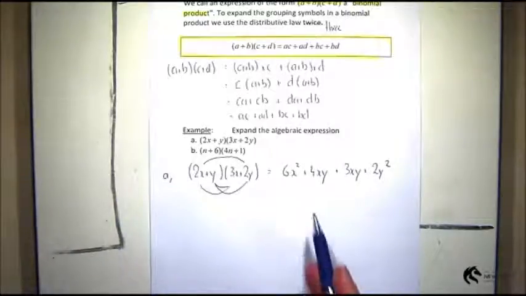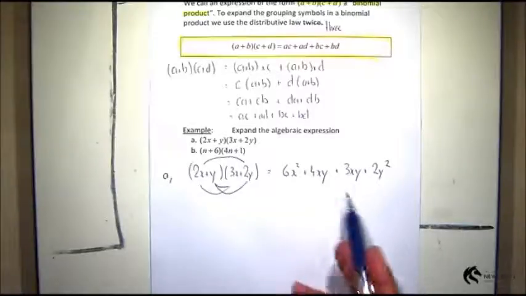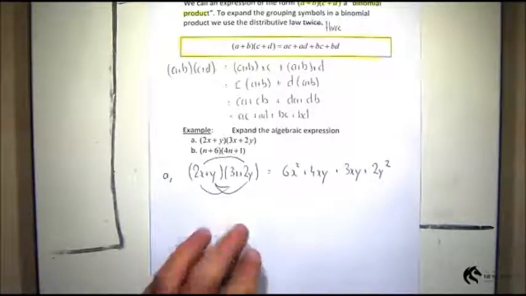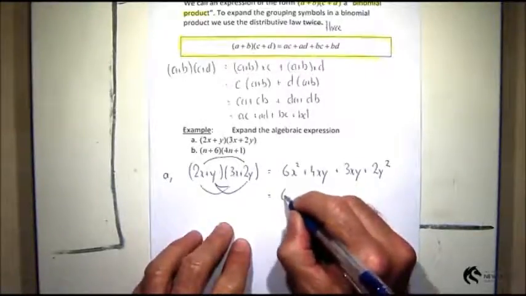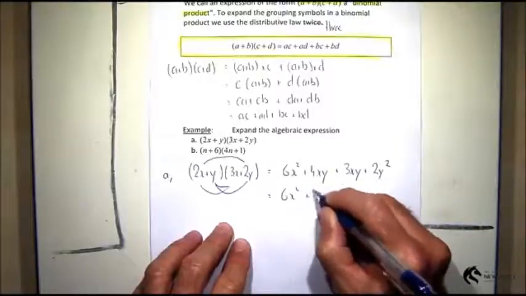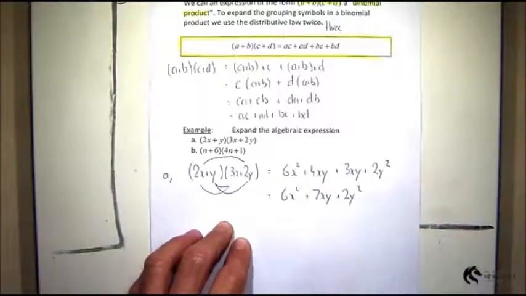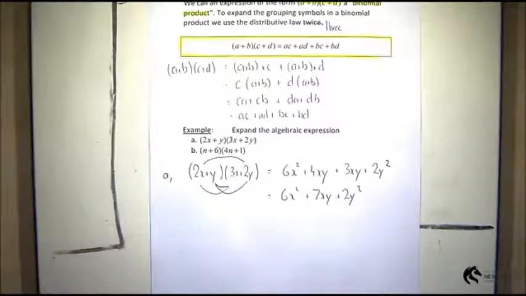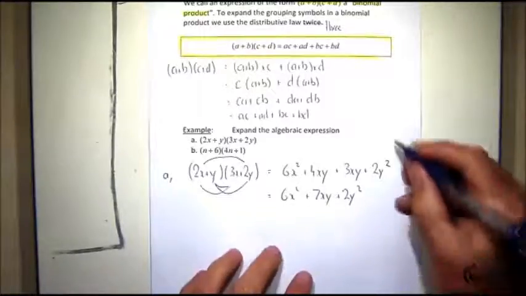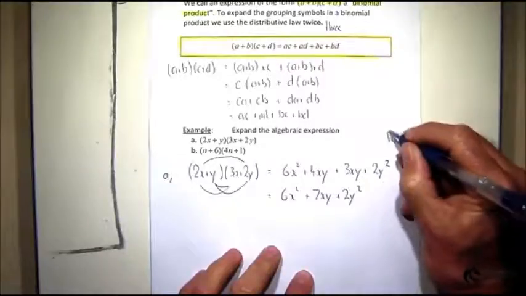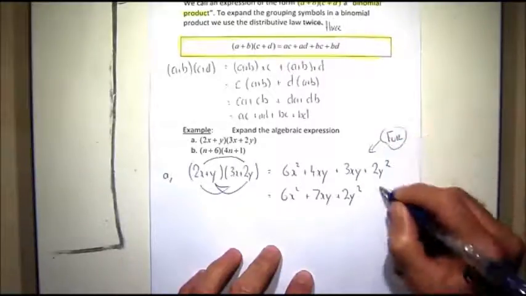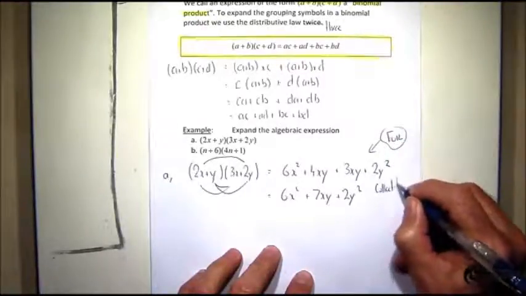In this case, there are some like terms, so now I'll even go further and collect the like terms. And here I'll have 6x squared plus 7xy plus 2y squared. So on the first line I did FOIL, and on this one I collect like terms.